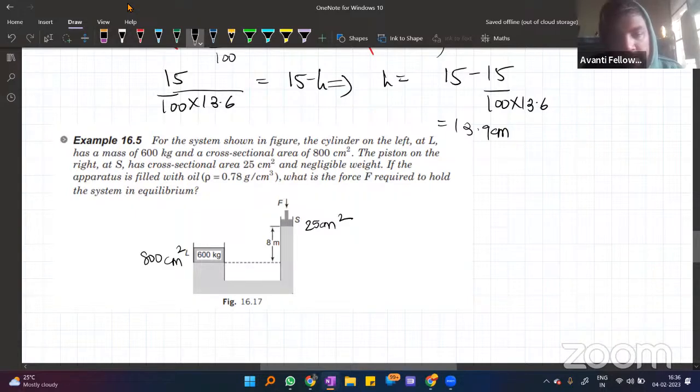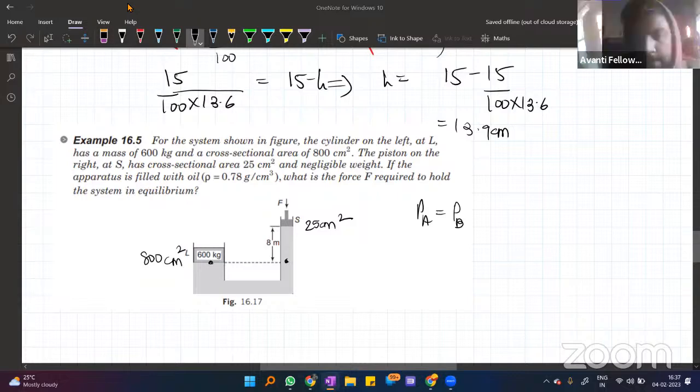If the apparatus is filled with oil, what is the force F required to hold the system in equilibrium? So pressure at this point will be equal to pressure at this point. Pressure at A will be equal to pressure at B. So we just have to solve this.